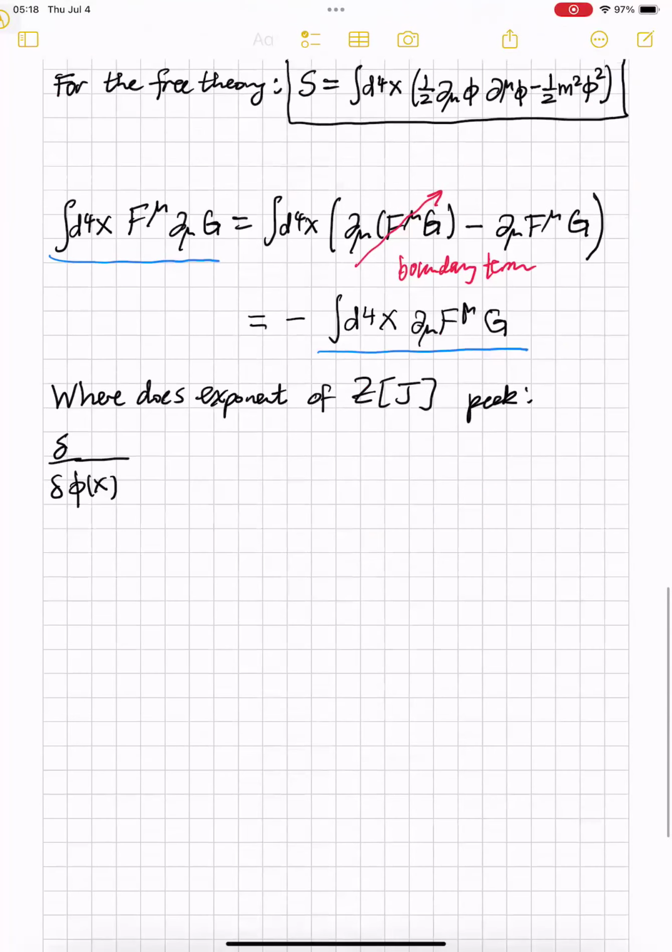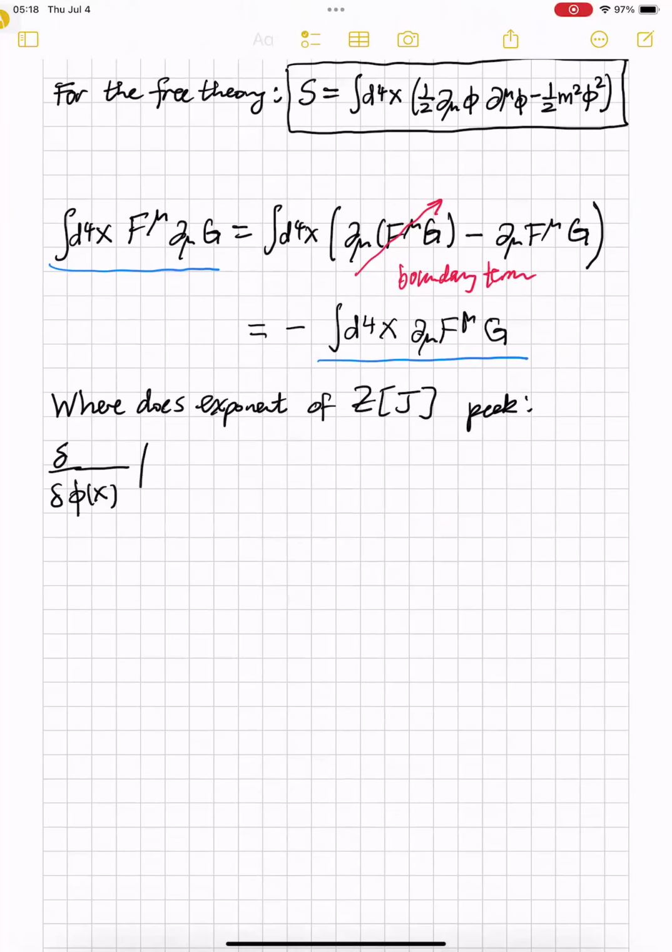So we should take a derivative with respect to φ(x), that's the integration variable, and we should differentiate the exponent, that's i times the integral d4y, because I don't want to mix up my integration variable with the x inside the φ(x). And then I've got J(y) φ(y), and I want this to be 0. That's where this exponent is going to peak.